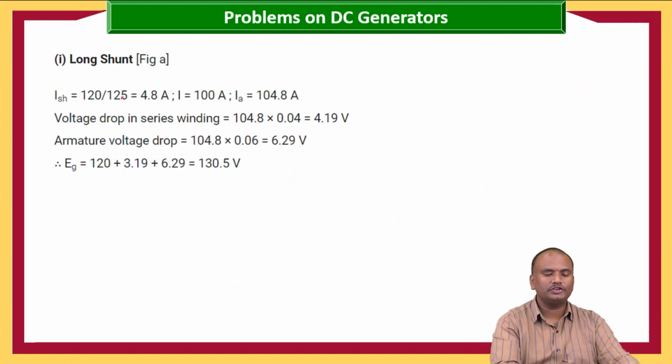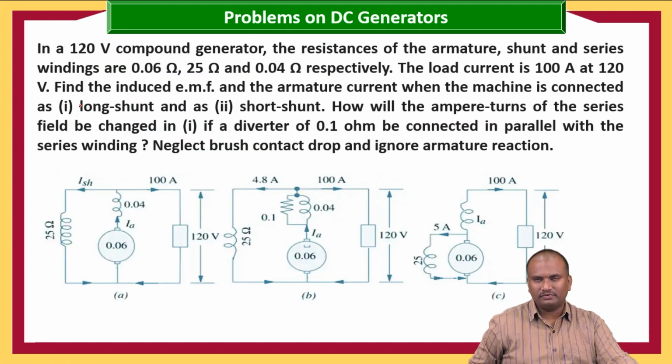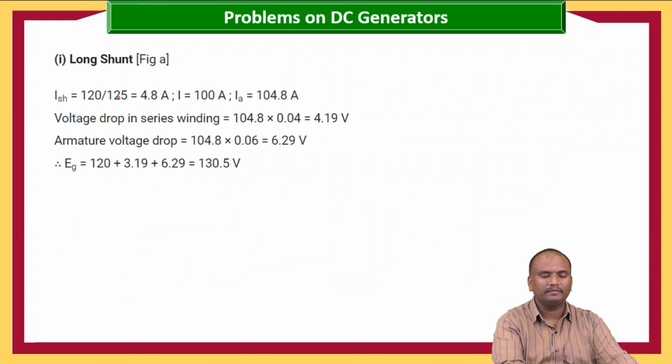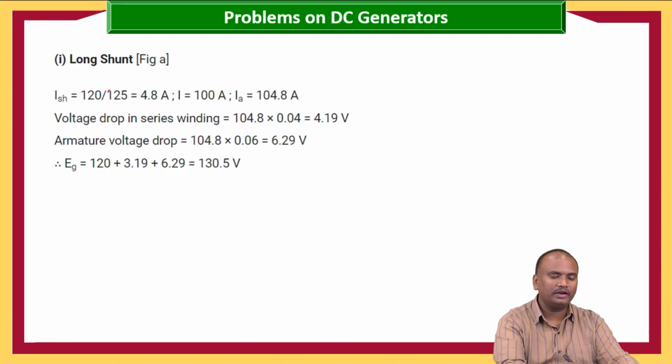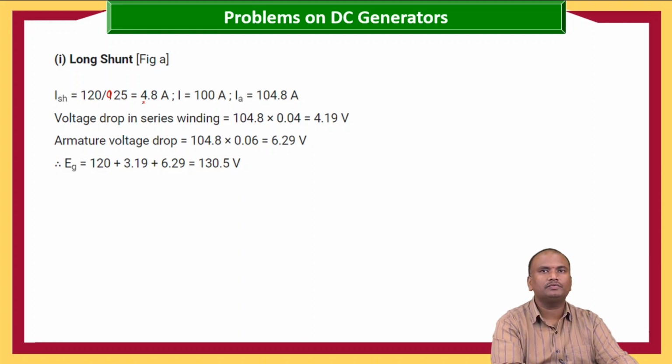Here long shunt, that is our first figure. Here ISH is equal to directly 120 by 25, which is equal to 4.8 amperes, where IL is equal to 100 amperes, Ia is equal to IL plus ISH, which is equal to 104.8 amperes.